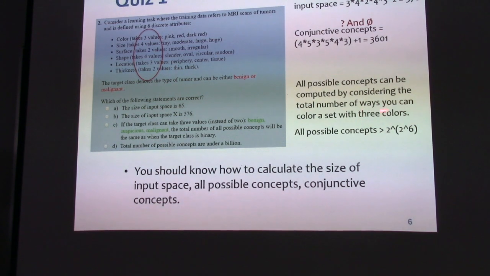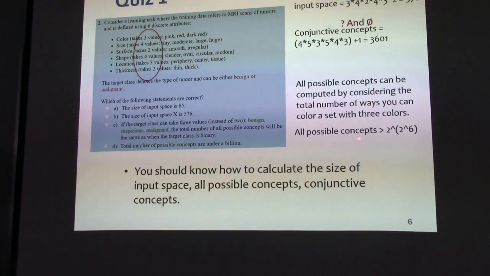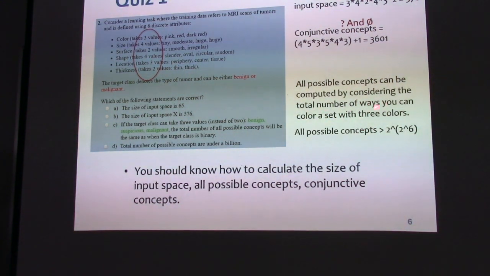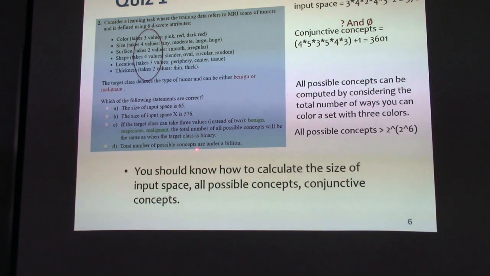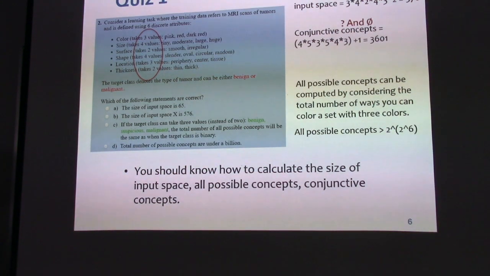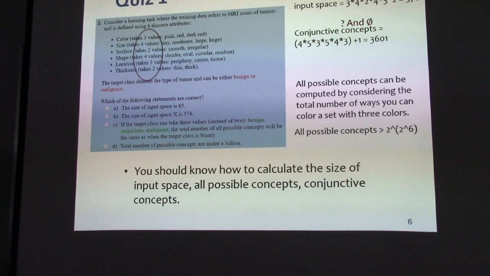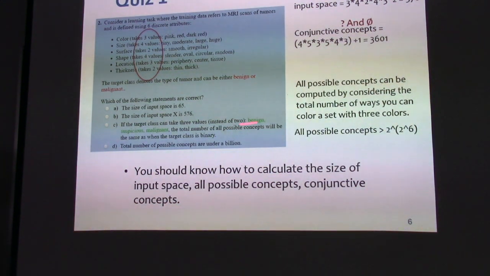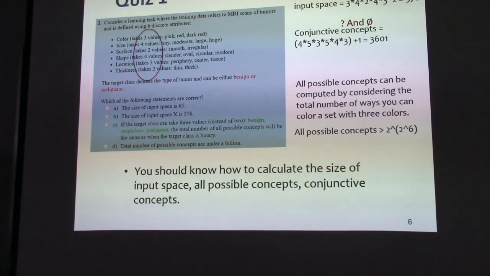For example, if the number of target classes is 3, you need to color those with 3 colors. If the number of classes is 2, you need to use 2 colors. So if you use 3 colors, the number of possible concepts should increase. This is the reason why choice C is wrong.